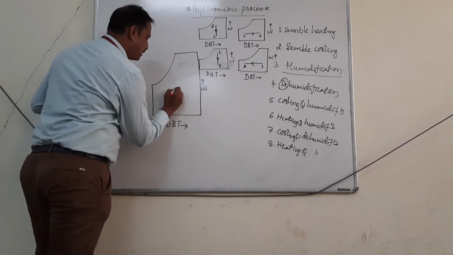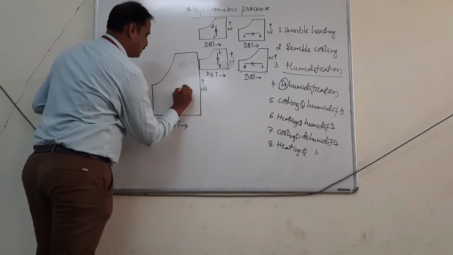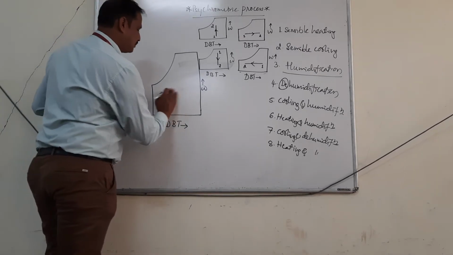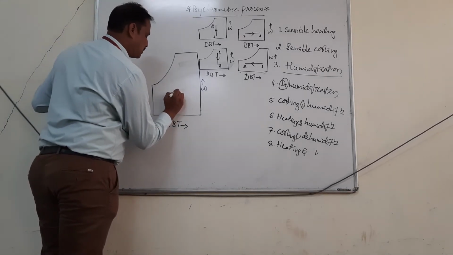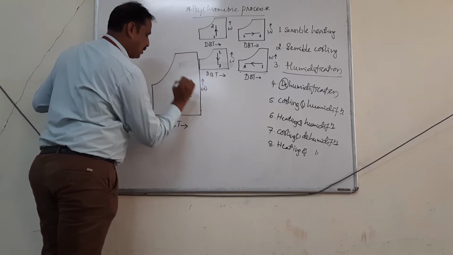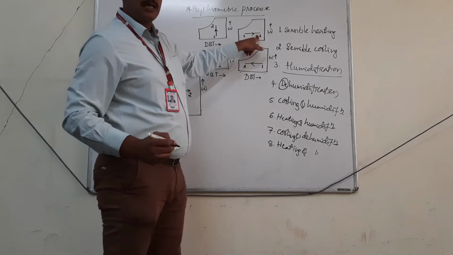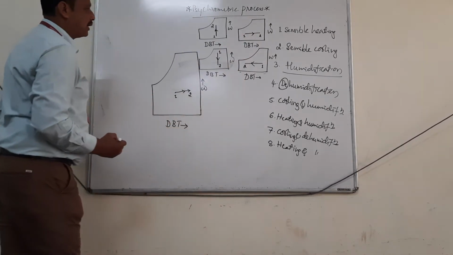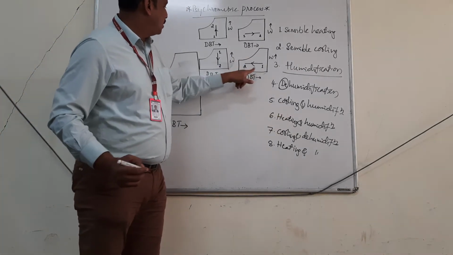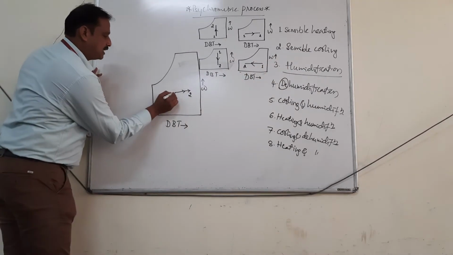We take any point, from this point we take 1 to 2. 1 to 2 is sensible heating. And the second process is sensible cooling, that is from this point.